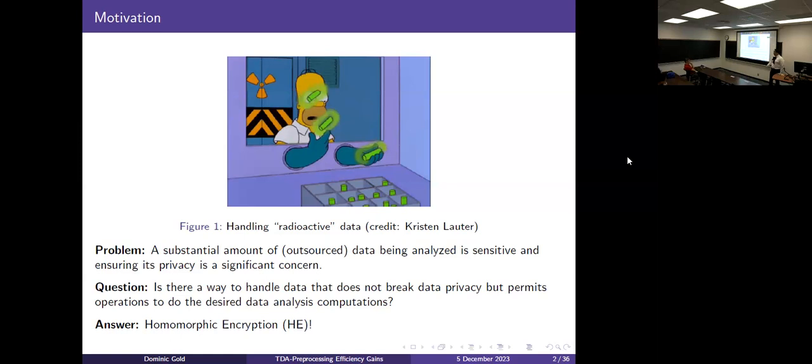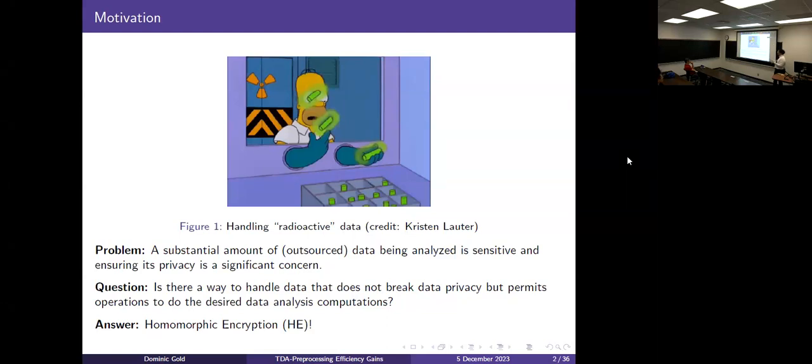You want to make sure that maybe what they download isn't against the law, right? I have a friend who got in a lot of trouble. They had a data set and they got in a lot of trouble for downloading it locally to their computer. So a substantial amount of data is being analyzed, but it's really sensitive and we want to outsource it.